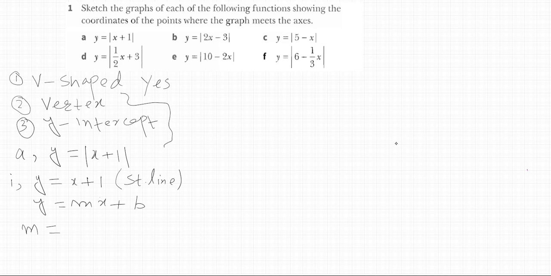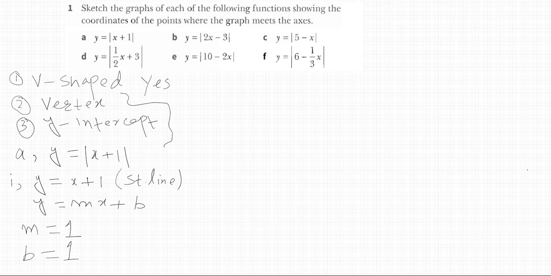What is the coefficient of x in our given equation? Nothing. But you must know, if nothing, then the answer is 1. Therefore, our slope is 1 in this case. And what is the y-intercept? We represent the y-intercept by b, and if you compare with the given equation, the y-intercept is 1. So we have slope or gradient 1 and y-intercept 1.